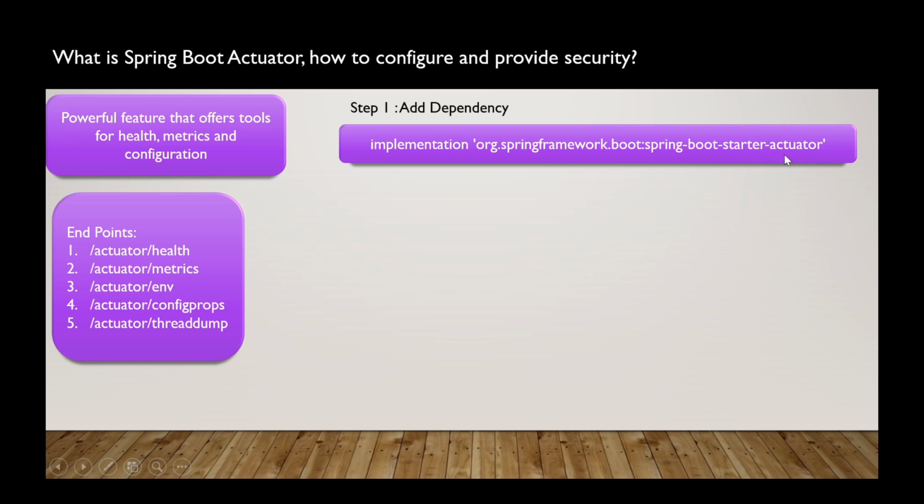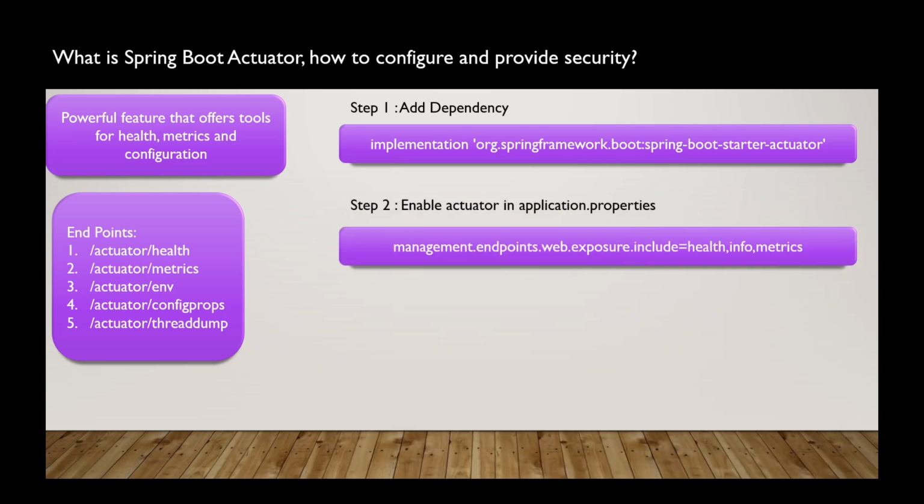This is the dependency we need to add in our pom.xml or Gradle file. After that, in application.properties, you need to expose these endpoints by using management.endpoints.web.exposure.include. Whatever we need to include, we have to mention here, like health, info, metrics, configprops or threaddump. This way we can use this.